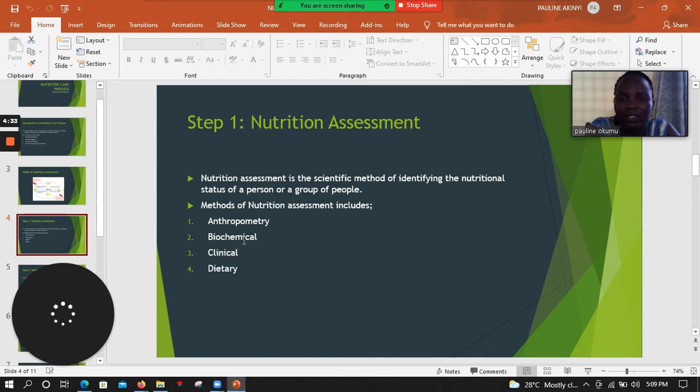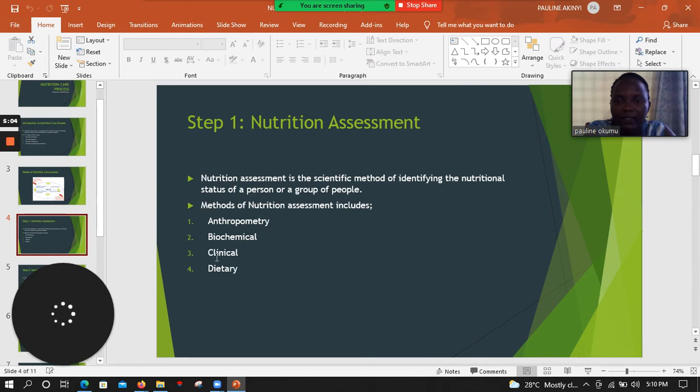Another example is if you want to know the cholesterol levels in an individual, the cholesterol test is done in the blood. So when a test is being done in any body fluids, whether it is saliva, urine, or blood, so as to determine the amount of nutrients in it and whether it is okay for a person to have those nutrients, then that is what biochemical assessment is all about.